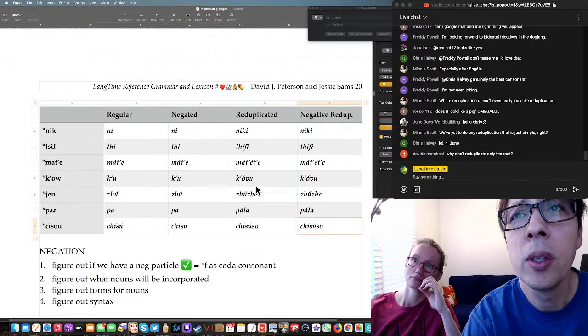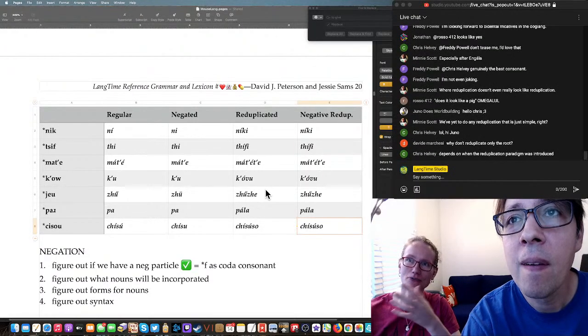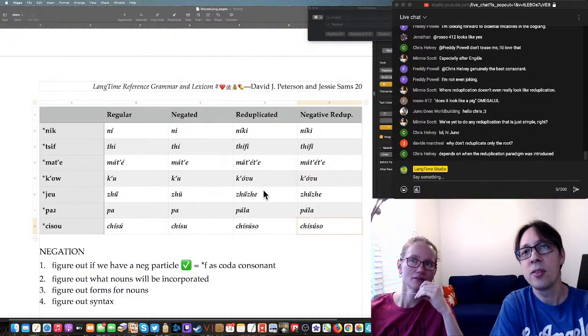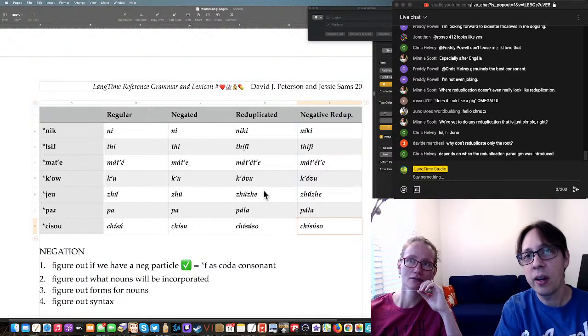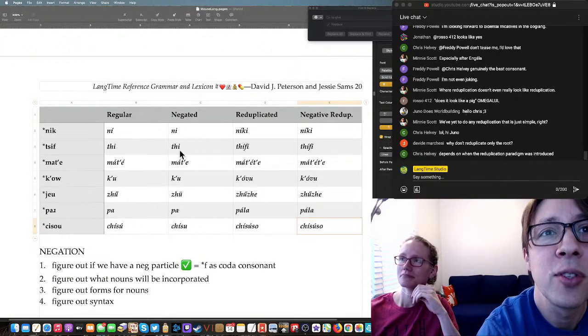How do we end up with only low tones here? Interesting. Because you removed all of the coda consonants from the first syllable, thereby making everything high tone, which means all reduplications are going to be low tone. It's kind of cool though, because then the negative actually becomes high-low. Oh no, wait, no, it doesn't. All right, whatever.